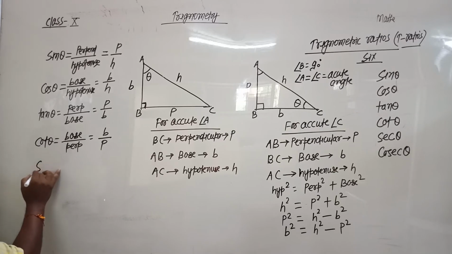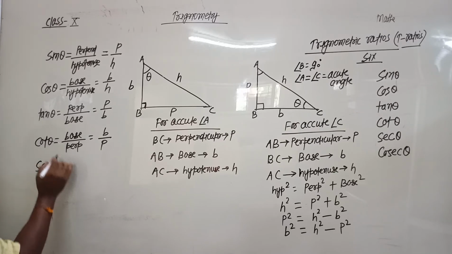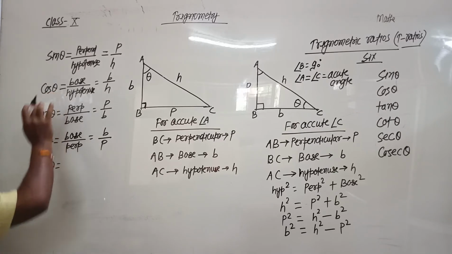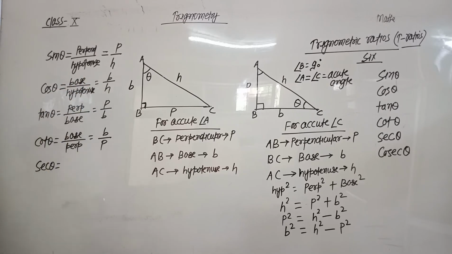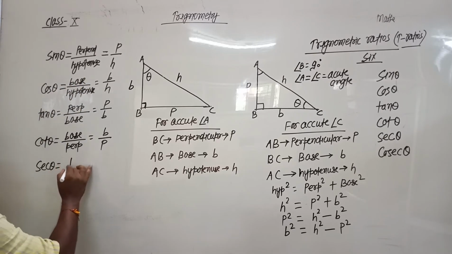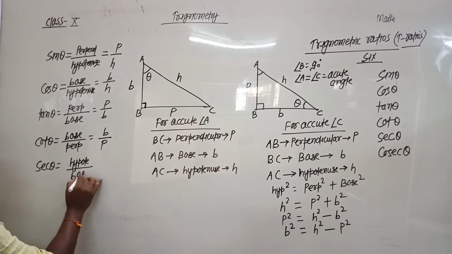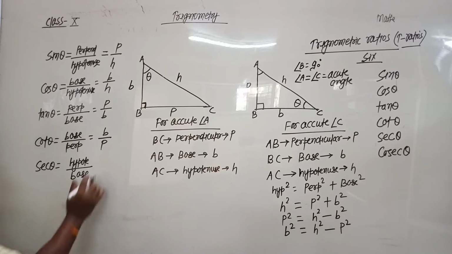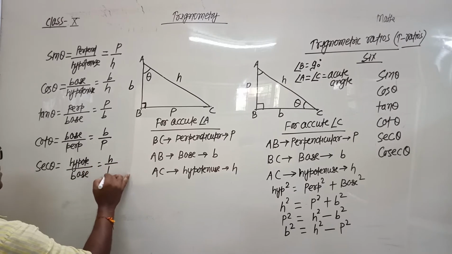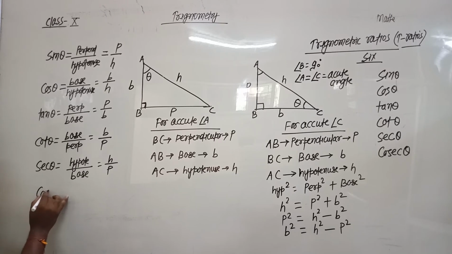Then sec theta. Sec theta is the reciprocal of cos theta. If cos theta is base upon hypotenuse, then sec theta will be hypotenuse upon base, that is H upon B. And cosec theta is the reciprocal of sin theta.